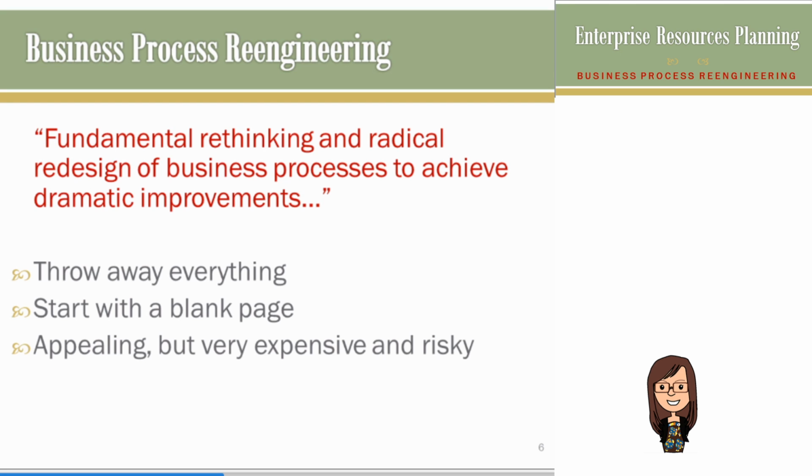So the process is not anymore A, B, C, D, but could be B, C, F, or could be D, C, A, or whatever, according to what the ERP system business process already defined, or what we call the best practice of the ERP system.